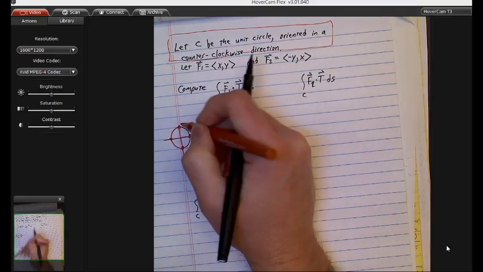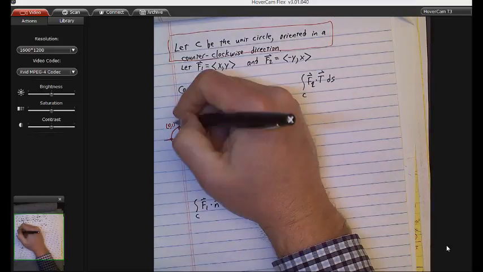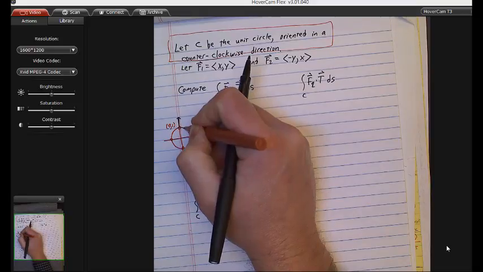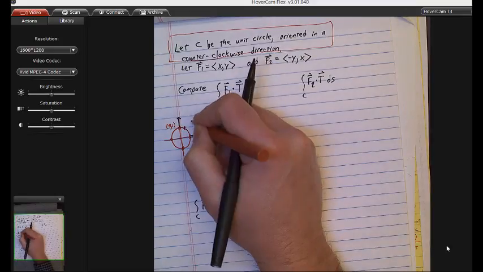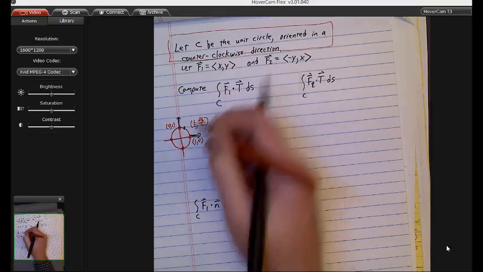Or here at 0, 1, it would point straight upward. Or here at, let's see, what would this be? Sure. I was going to do 1/2, radical 3 over 2, but yeah, we have all those nice points we memorized.